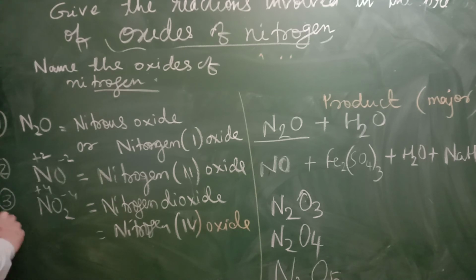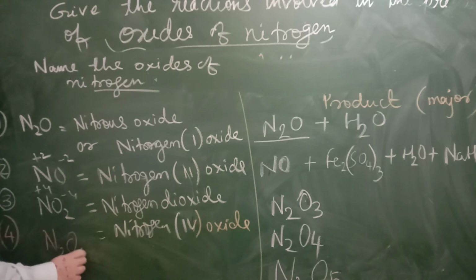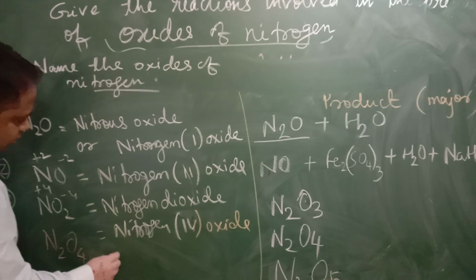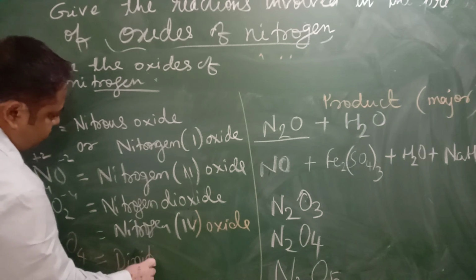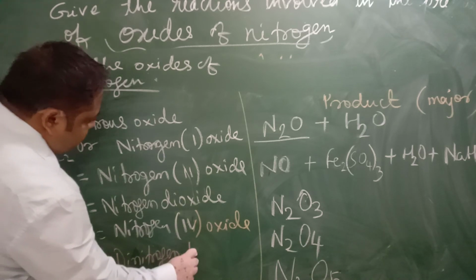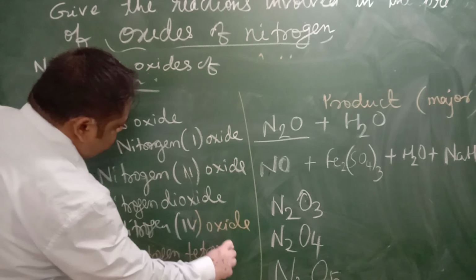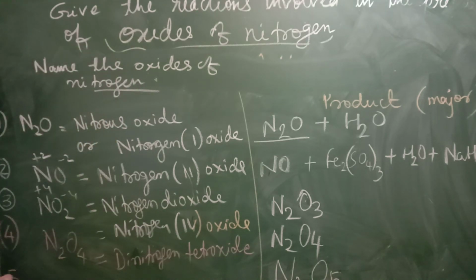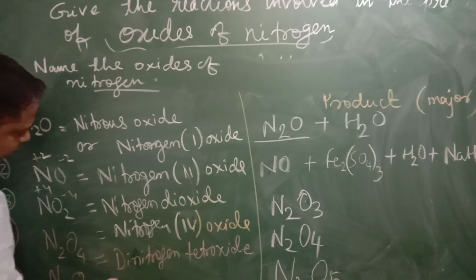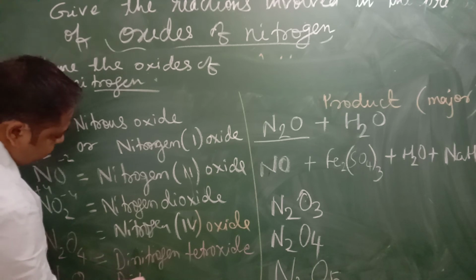Fourth, N2O4, dinitrogen tetroxide, and fifth, N2O3, dinitrogen trioxide.